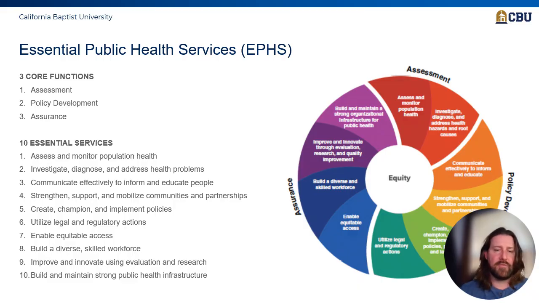A diverse and skilled workforce, that's what we're all here for right now, is to try to educate ourselves, build our skills so that we have a perspective within public health that draws on different backgrounds, ideas, and skills. And obviously, we're always seeking to improve, innovate, and use research.